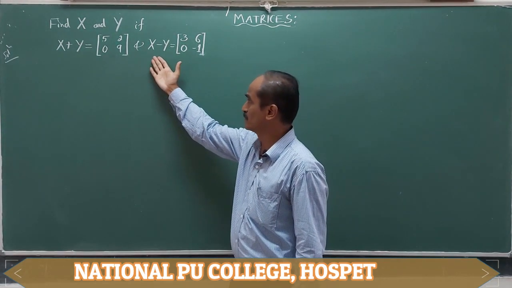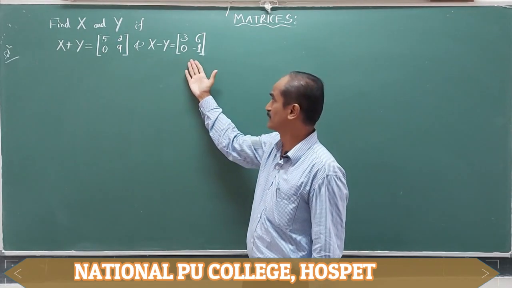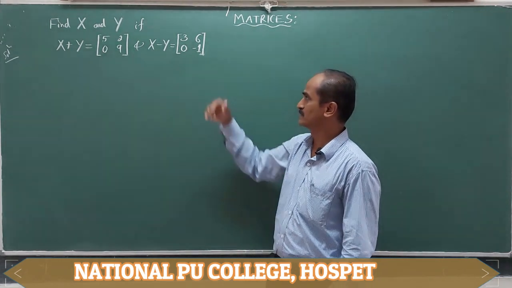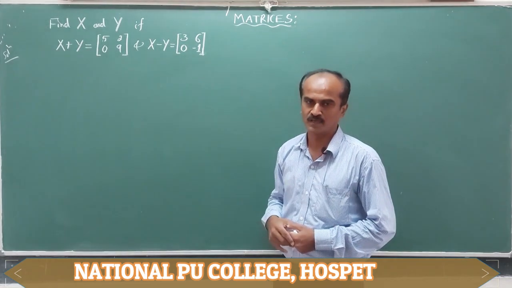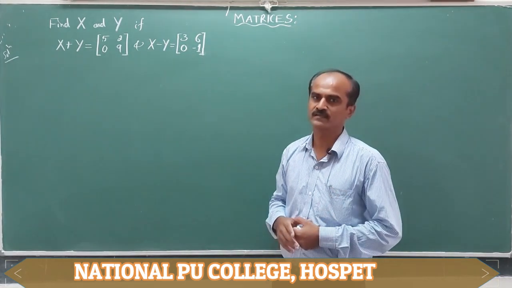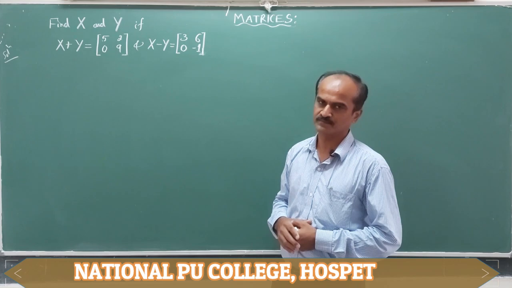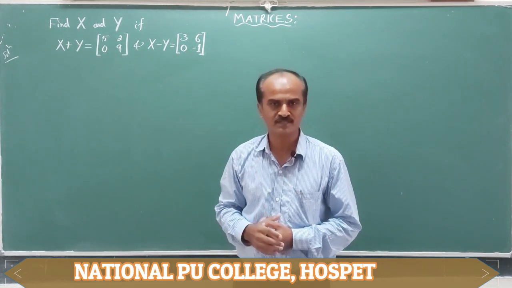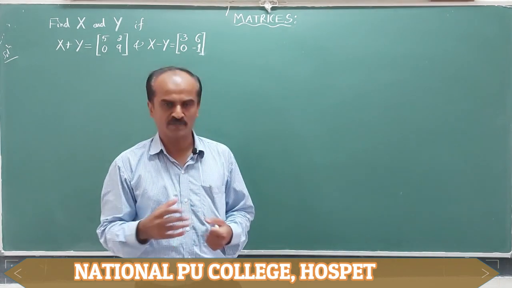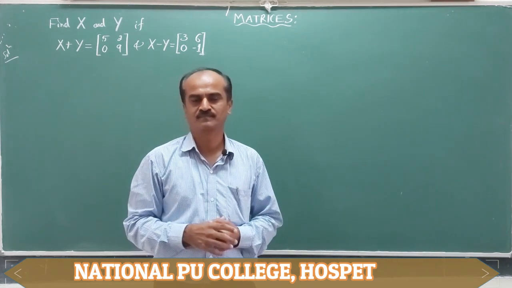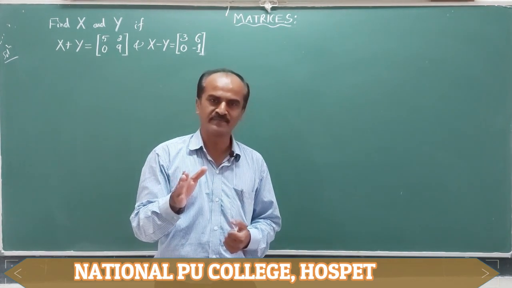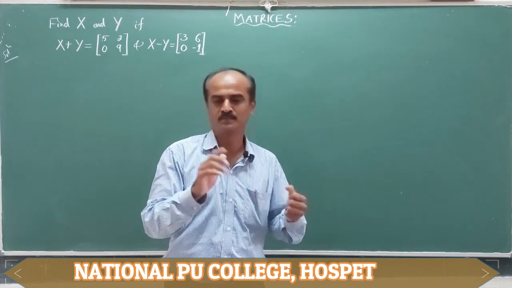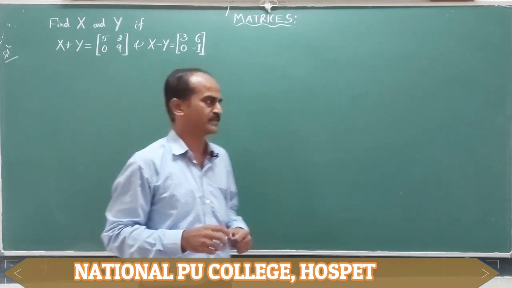On subtracting Y from X, the difference of those matrices will give us this matrix 3, 6, 0, minus 1. Now our job is to find those matrices X and Y. It is very simple, just like solving simultaneous equations. Two equations, two unknowns. There x and y mean real numbers, but here X and Y mean matrices. That is the only change.